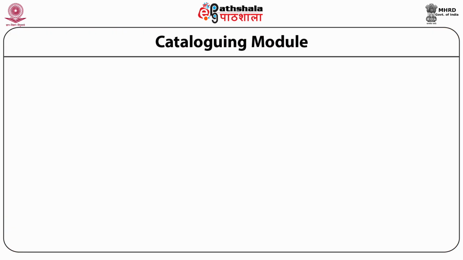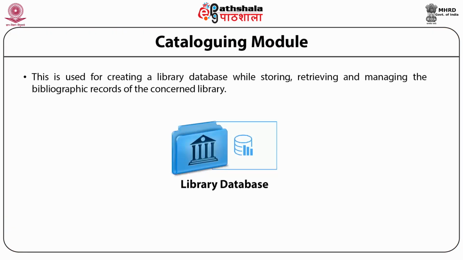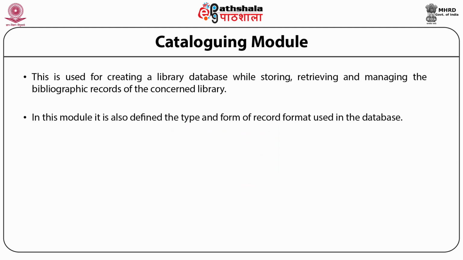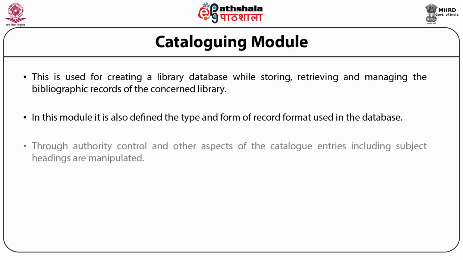So, the cataloging module. This is used for creating a library database while storing, retrieving, and managing the bibliographic records of the concerned library. In this module, it is also defined the type and form of a record format used in the database. Authority control and other aspects of the catalog entries, including subject headings, are manipulated by the authority control.